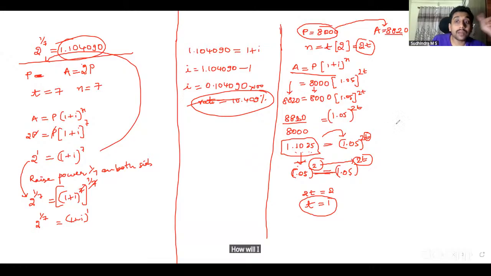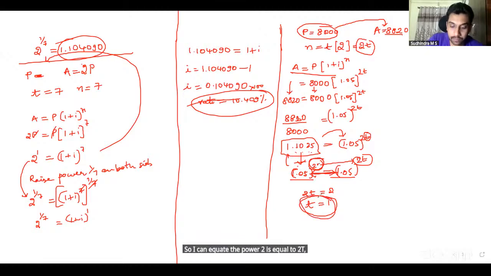How will I write it? 1.05 square is 1.1025. Okay. So I have written 1.1025 in terms of 1.05 to the power. So here 1.05, 1.05, same base. So I can equate the power. 2 is equal to 2T. T is 1. Yes, sir. Thank you, sir.